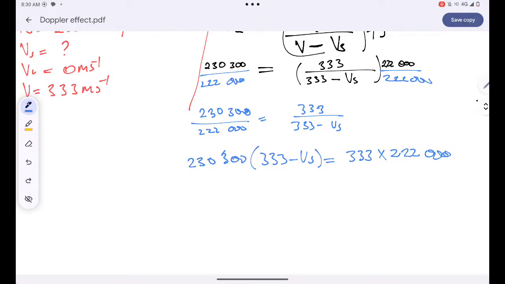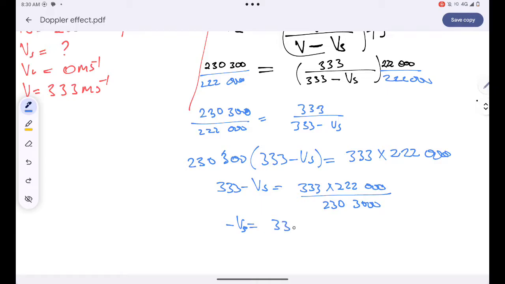And then for me to find the velocity of the source, I have to divide both sides by 230,300 first, so that I'll be left with 333 minus Vs is equal to 333 times 222,000 all over 230,300.